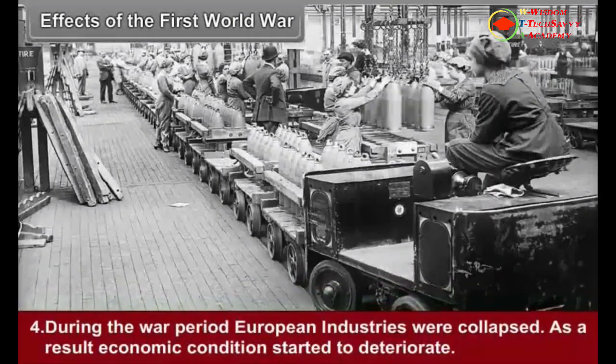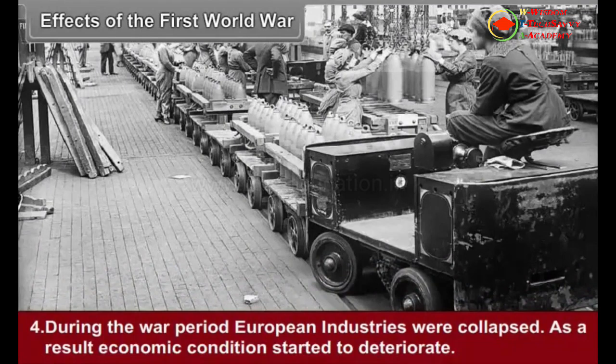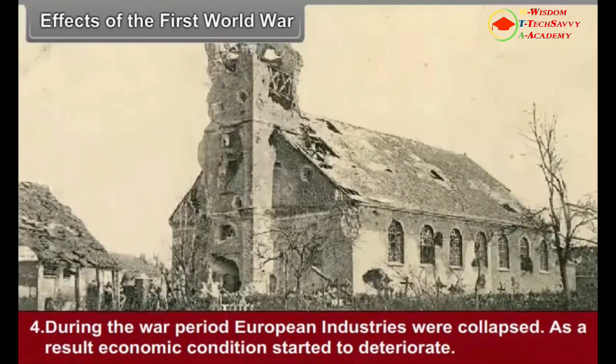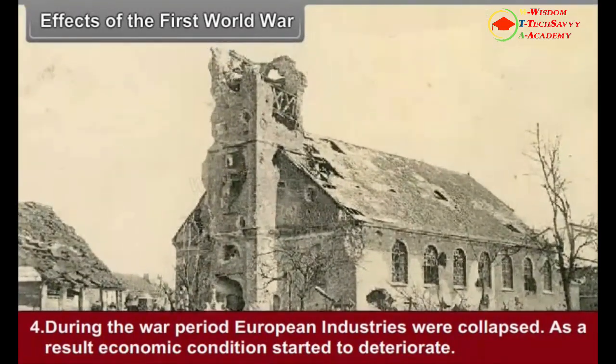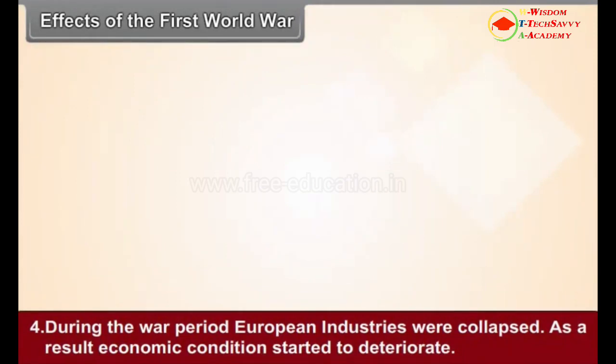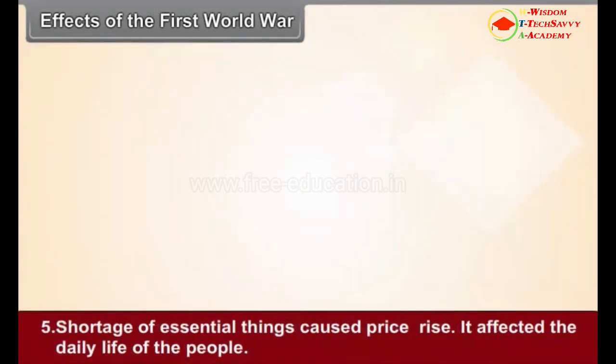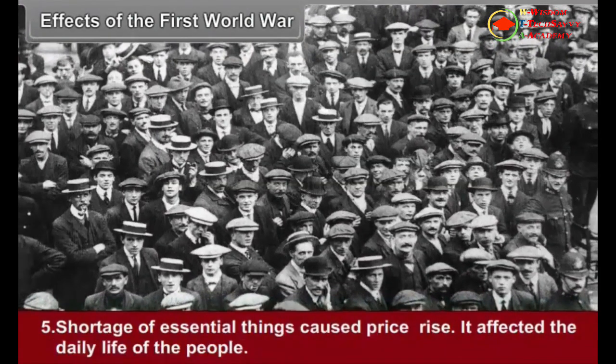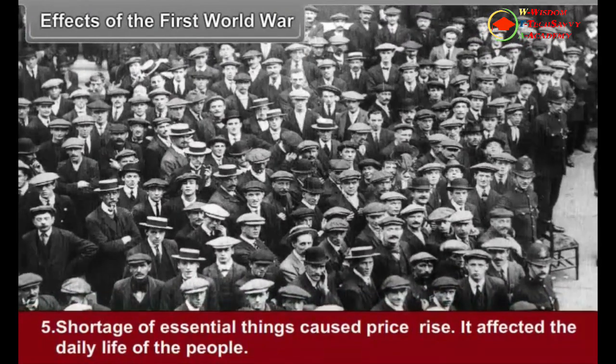Fourth, during the war period, European industries collapsed. As a result, economic conditions started to deteriorate. Fifth, shortage of essential things caused price rise. It affected the daily life of the people.